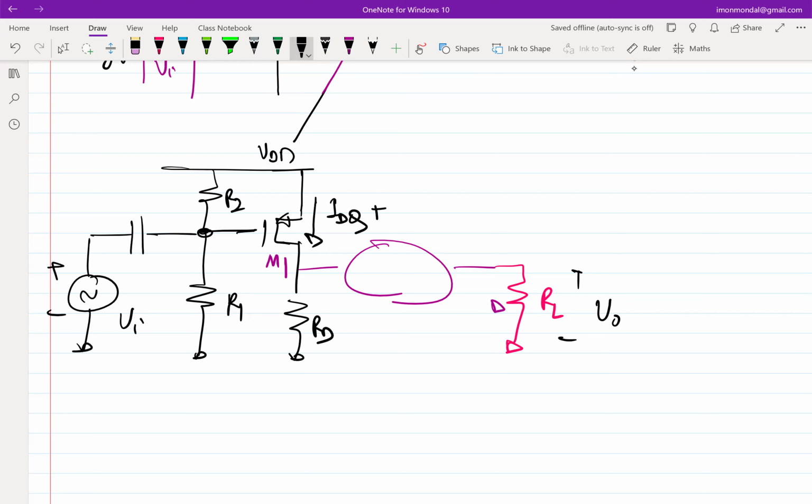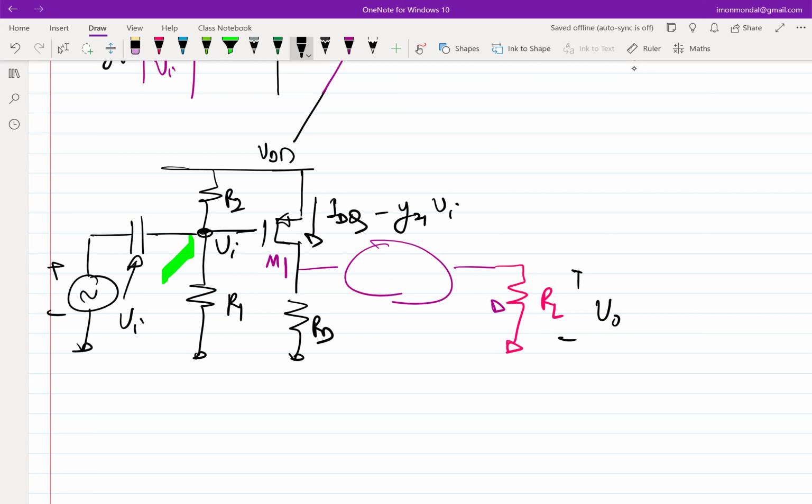And that extra current is how much? In the presence of VI, and assuming the capacitor acts as a short circuit, what will be the voltage here? Incremental VI. If this is incremental voltage VI, what will be the incremental current through M1? Y21 VSG. So in this case, I should simply write it as minus Y21 VI, because the source is incrementally grounded, right?